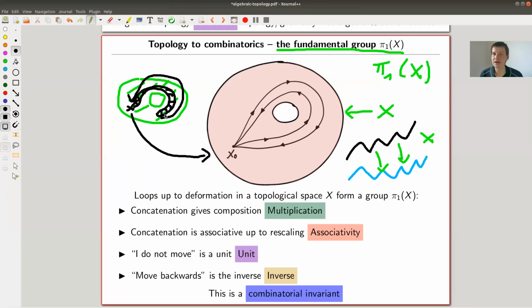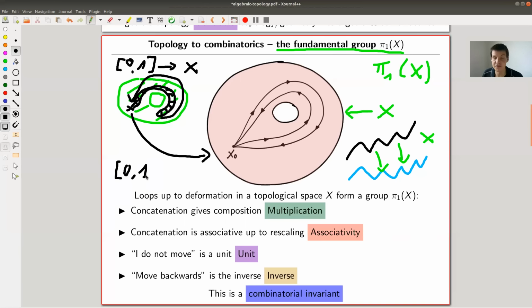And the funny thing about loops is that a loop is basically just a map from the interval into your space, some nice map from the interval into your space. So you can compose them, right? If you rescale, you can just compose them.